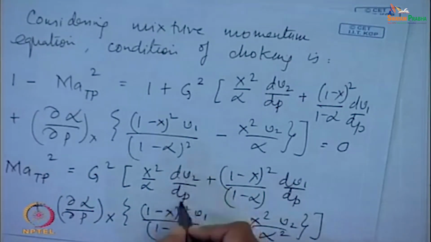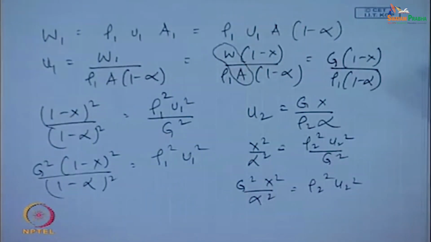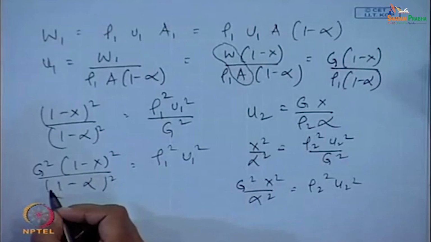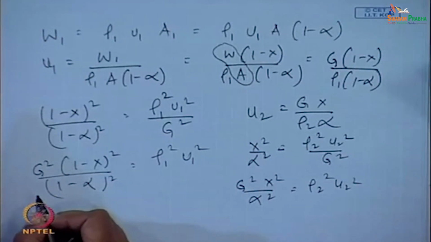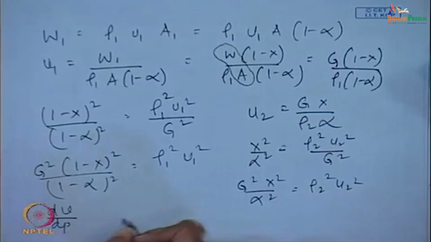The other thing is dv2 dp and dv1 dp, these things we had already derived. Can you tell me what is this dv1 dp and dv2 dp, any idea? We had already derived these things, dv dp equals what is the velocity of sound, say for medium 1 and medium 2, yeah.